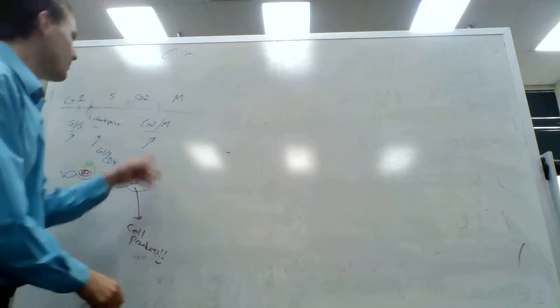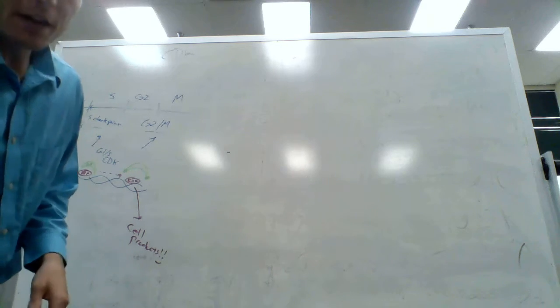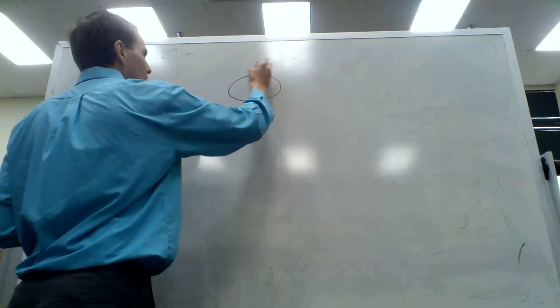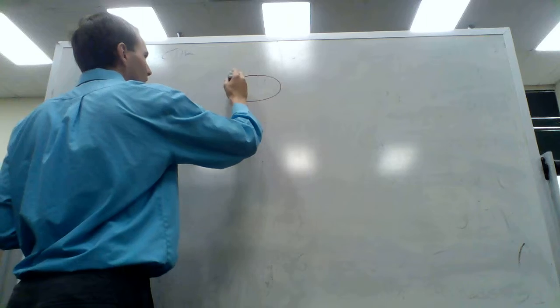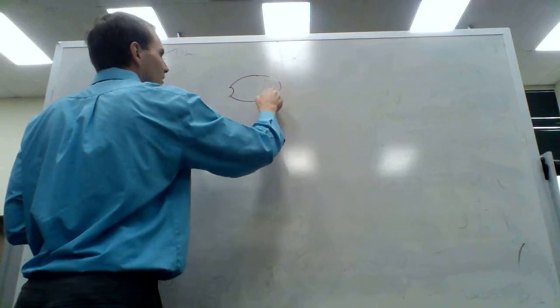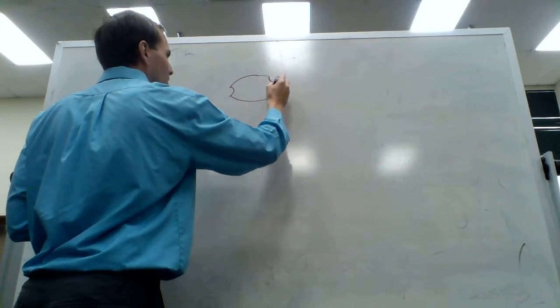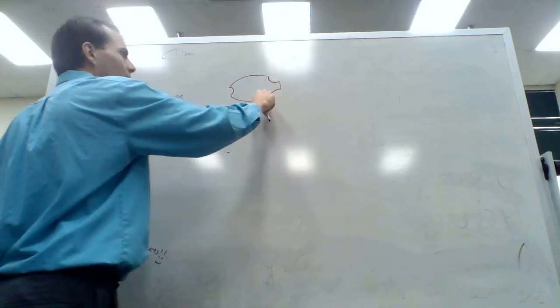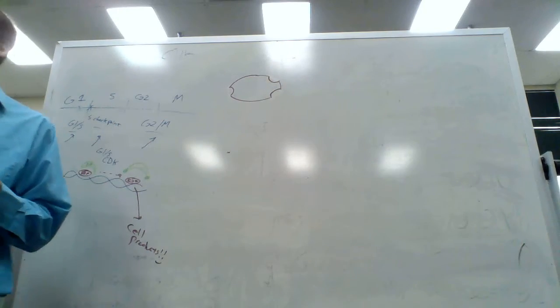But G2M. So G2M, we're going to have a G2M cyclin-dependent kinase. Okay, and it has 3 spots on it for phosphorylation where you can stick phosphates.